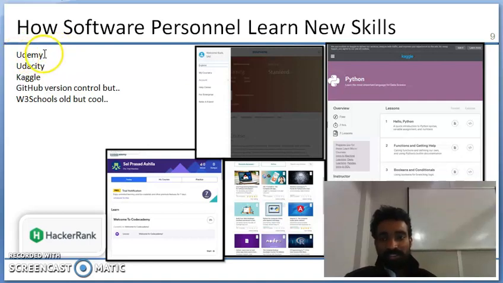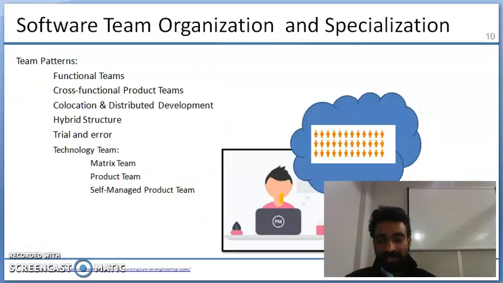But now there are online tutoring sites, like Udemy, Udacity, Kaggle, GitHub. GitHub is used to deploy our work, but yes, it helps us to learn. And W3Schools is the good old thing, which is really helpful in learning new skills. This is how the personal skills of a software person can be developed.